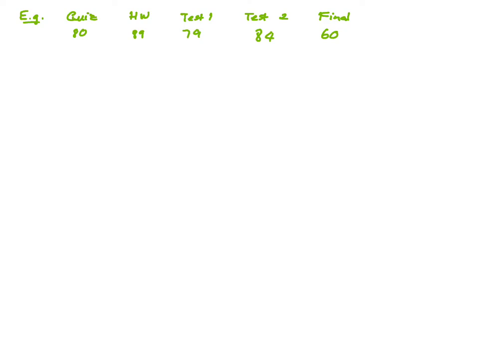That means that a simple average would give you 80 plus 89 plus 79 plus 84 plus 60 divided by the number of items, which is 5, and that gets you 78.4.